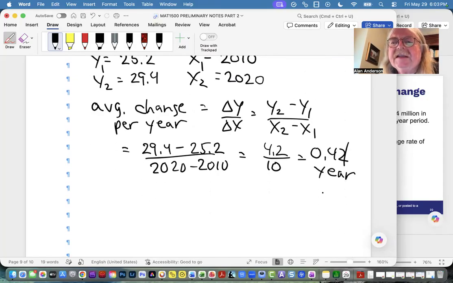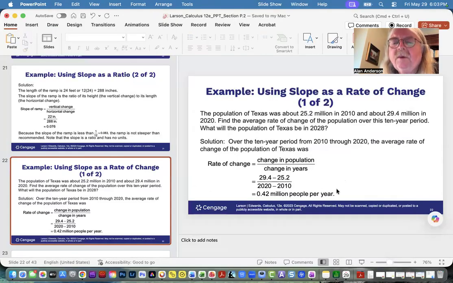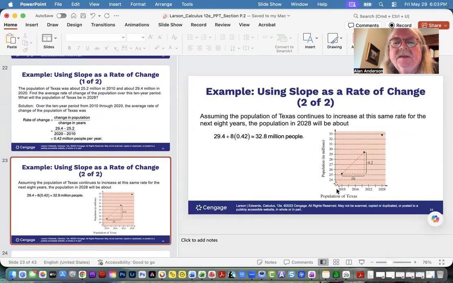So then what they're saying is, well, if that's the case, where will we be in 8 years?